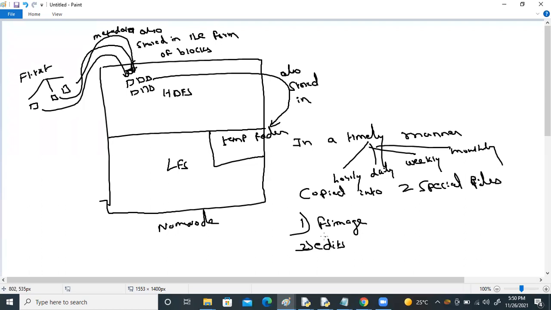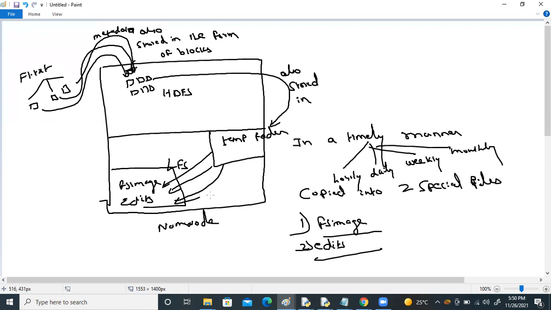From the temp folder it is copied into these files. So the metadata is stored in the name node in the form of blocks, and from the temp folder it is copied into files like FS image and edits. Now, comparing this name node and secondary name node, we can observe.